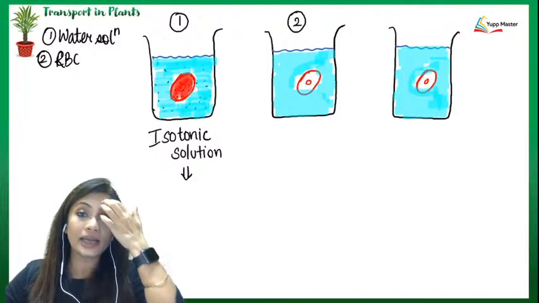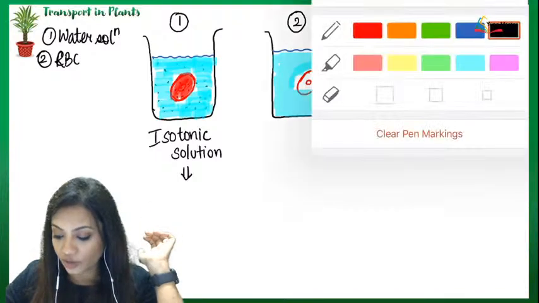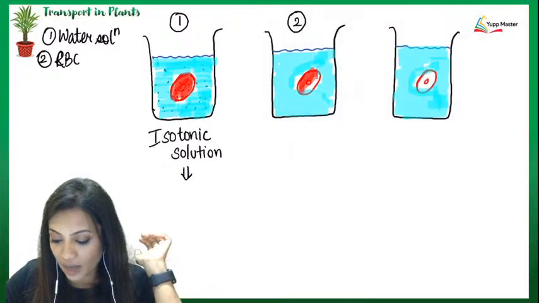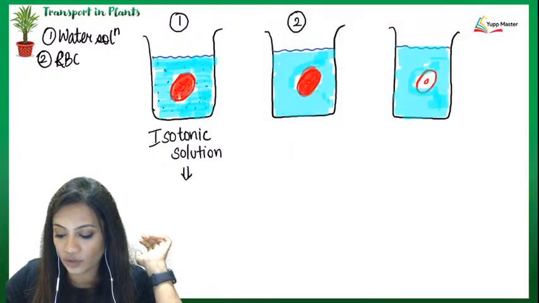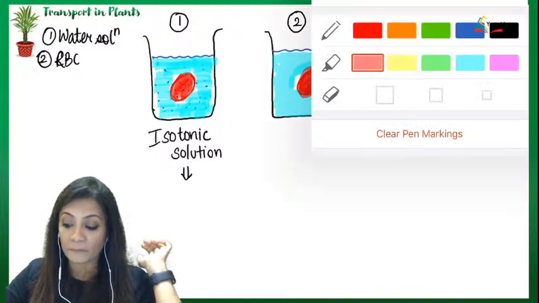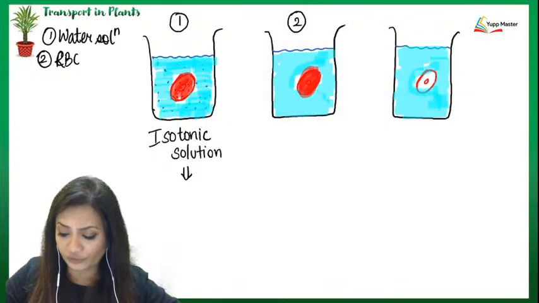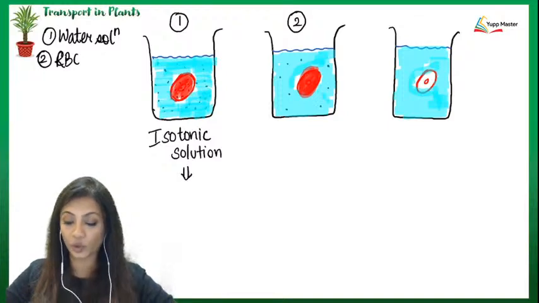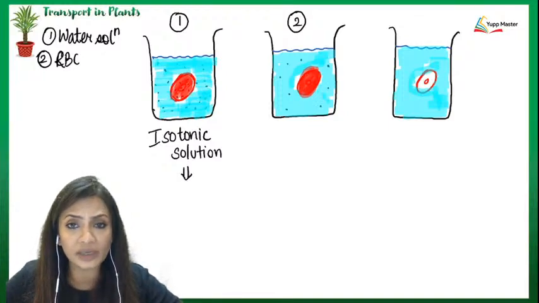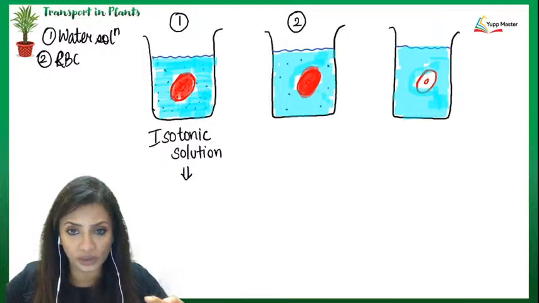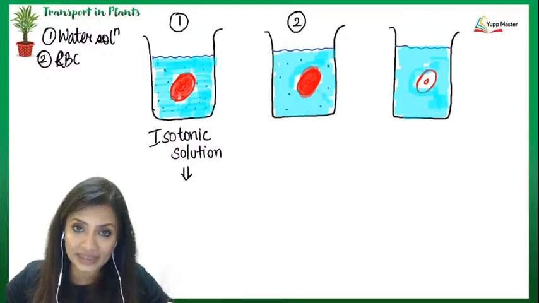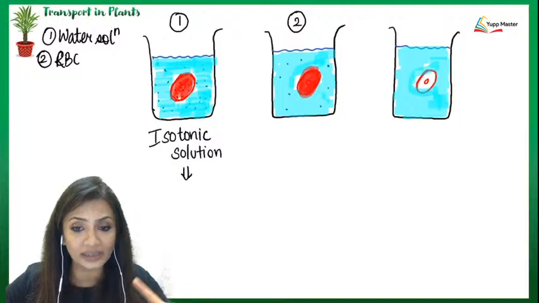Okay, let us say now, however much concentration of salt is present in the RBC, there is a given amount of concentration of salt in this RBC, but I am going to put very little salt in my water solution, very little salt. So naturally, what is happening here? Salt in the water is going to be less than the salt present in that RBC.